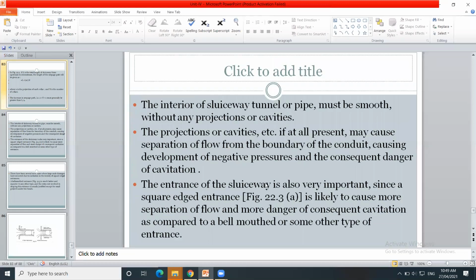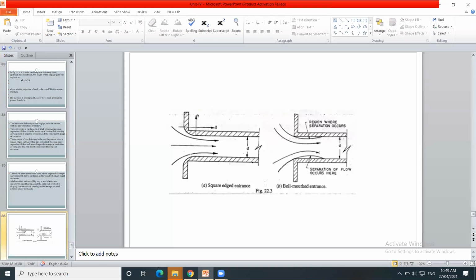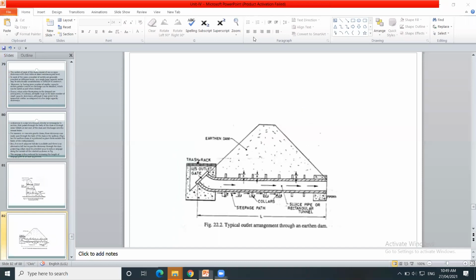So L is the total length of sluiceway. See this diagram here. This L is the total length of sluiceway. The collars are provided at different distances. This is a seepage path.